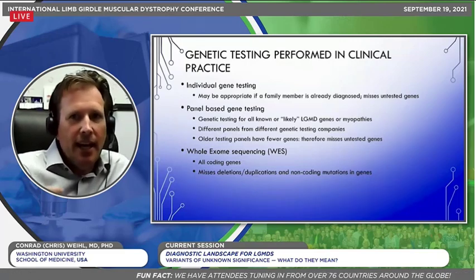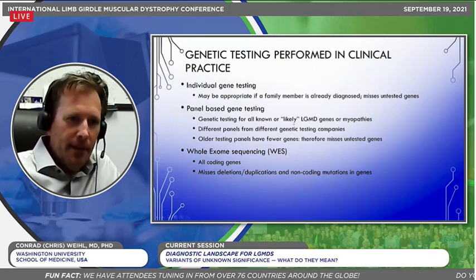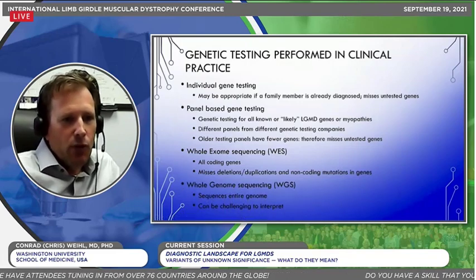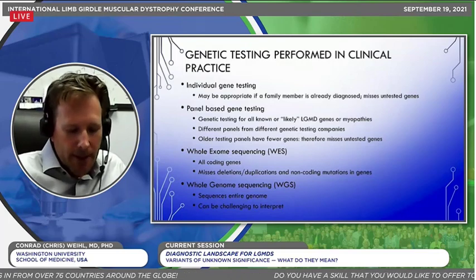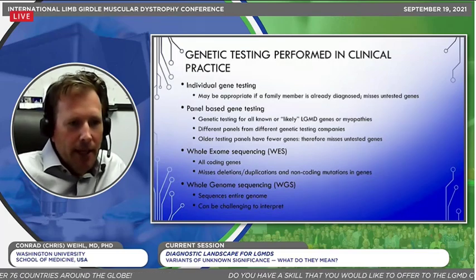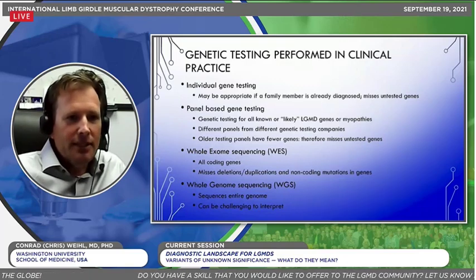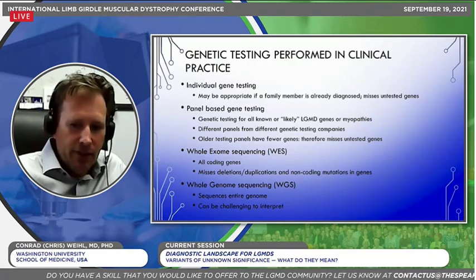And that can actually add more confusion sometimes, in which case panel testing may be appropriate for first line. And finally, there's something called whole genome sequencing, and that sequences the entire genome. That's something that can be done as well. It can be challenging to interpret. Part of the reason it's challenging to interpret is because it is so much data, and it can be often even hard to handle that data.